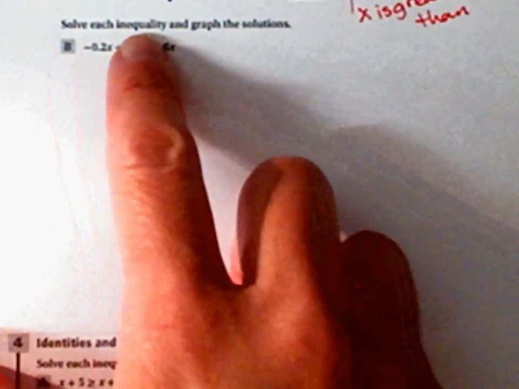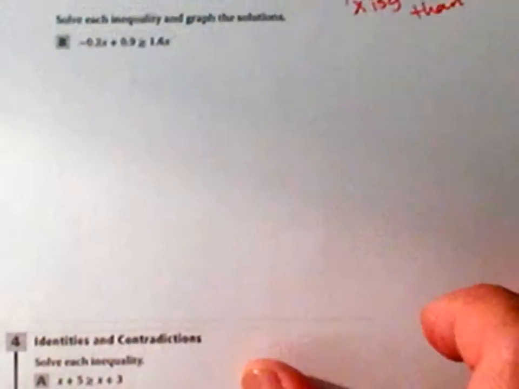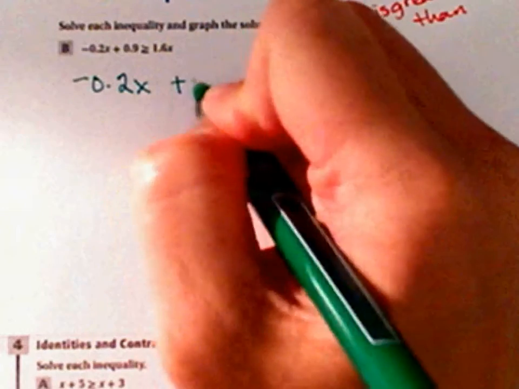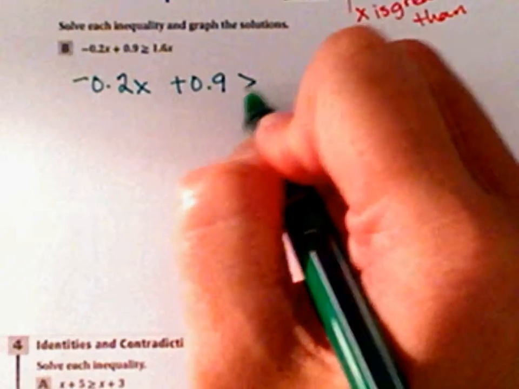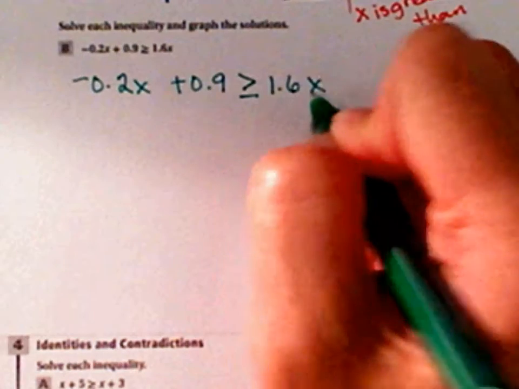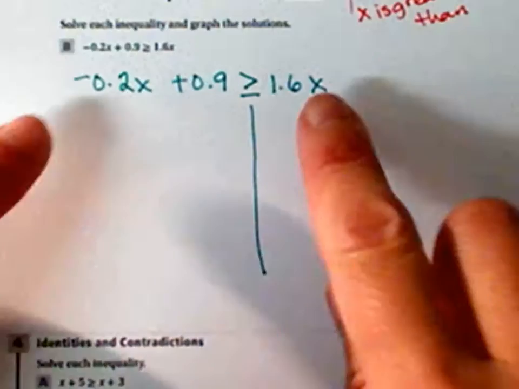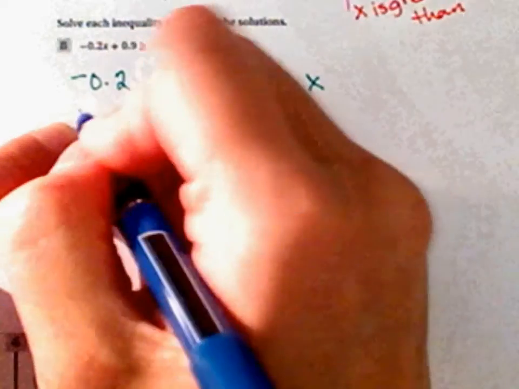Example B. Solve each inequality and graph the solution. So let's go ahead and solve. Negative 0.2x plus 0.9 is greater than or equal to 1.6x. Like terms, add 0.2x.